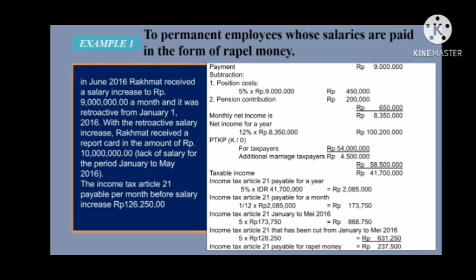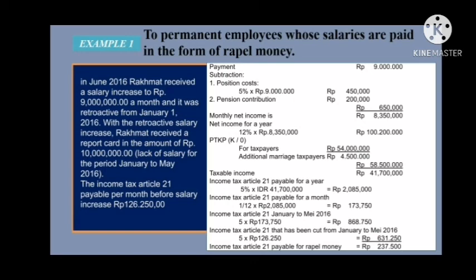Next, the income tax article 21 payable for a year. We only need to multiply the taxable income with 5%. So the income tax article 21 payable for a year is 2,085,000 rupiah.